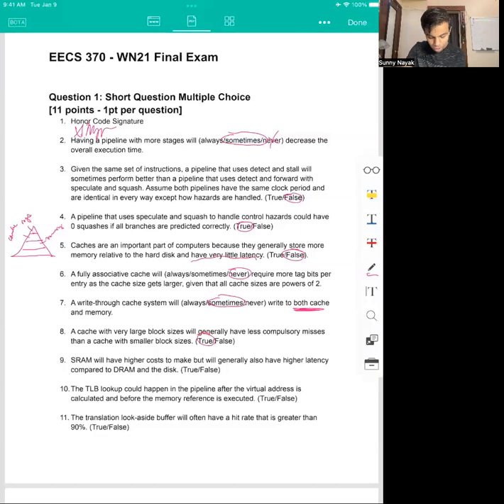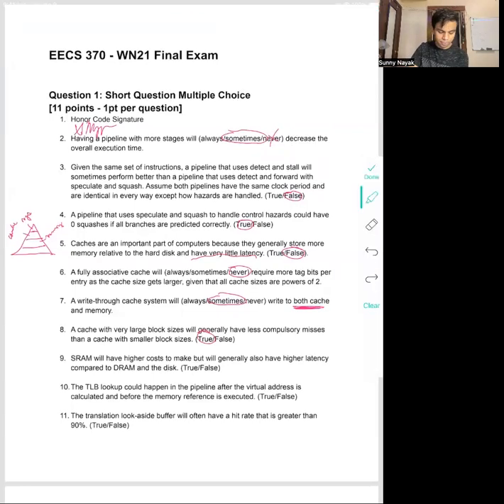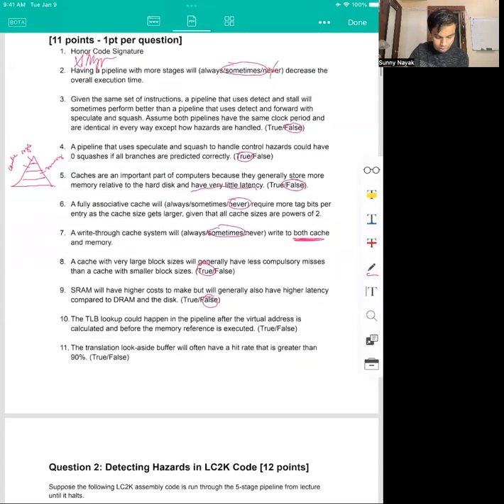But it says it will also generally have higher latency, so that's not going to be true. Remember, why would we pay extra money for a memory to perform slower, right? Our caches generally tend to perform with lower latencies, and so this is going to be false because SRAM has lower latencies.